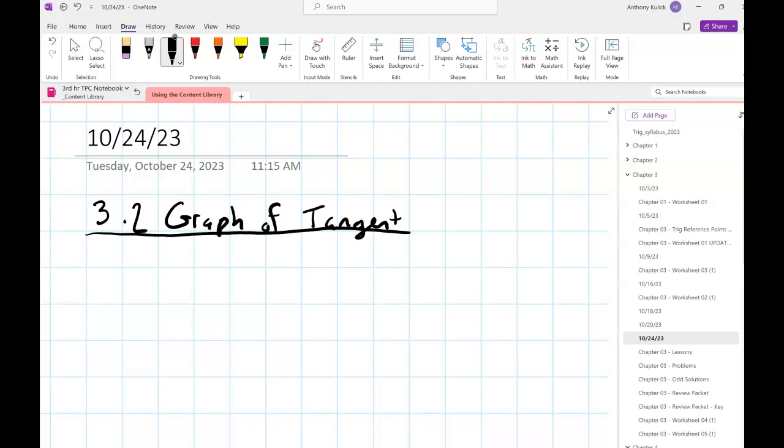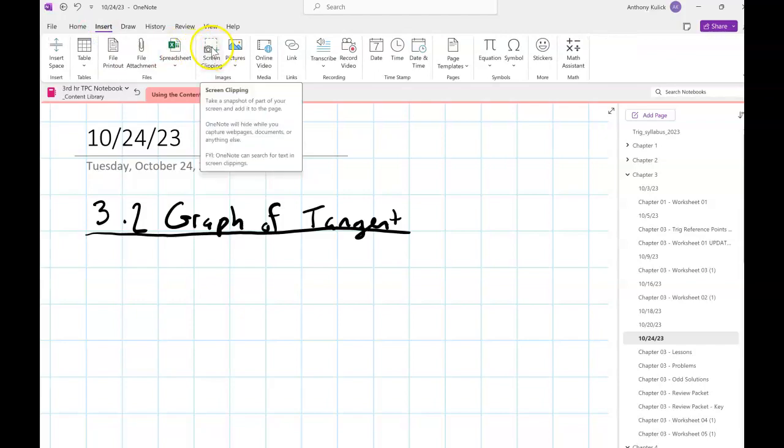But by and large, same ideas, same steps, same techniques. So if you felt comfortable with the previous stuff, this should be pretty straightforward. So we're going to start by talking about the tangent function.